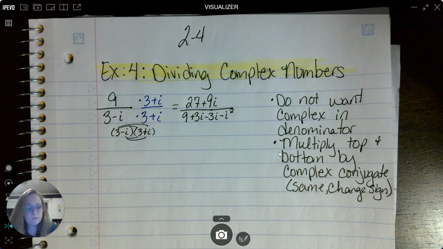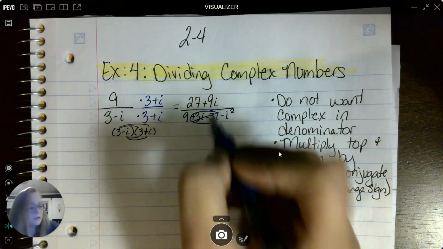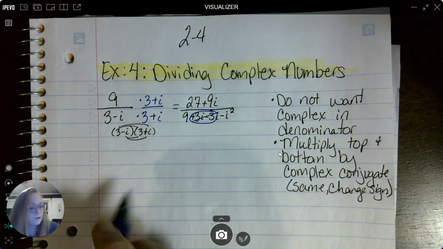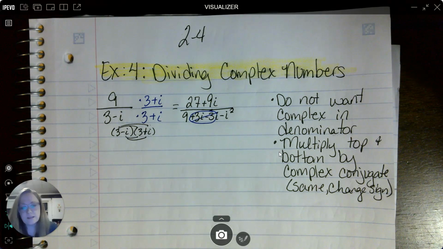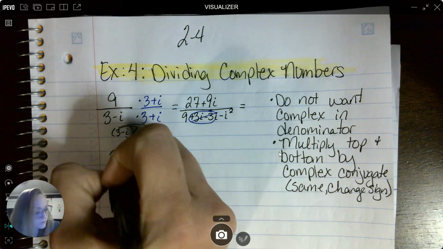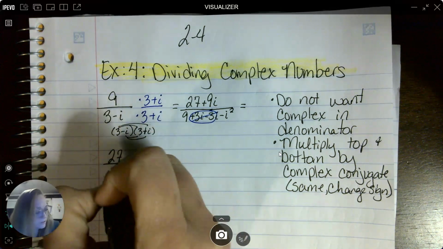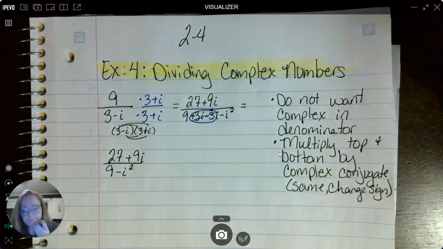Okay, and then we can just clean this up by combining like terms. You'll see those terms in the middle. They'll always cancel. That's why we are using the opposite sign. Let me go ahead and rewrite this. So it'd be 27 plus 9i all over 9 minus i squared.